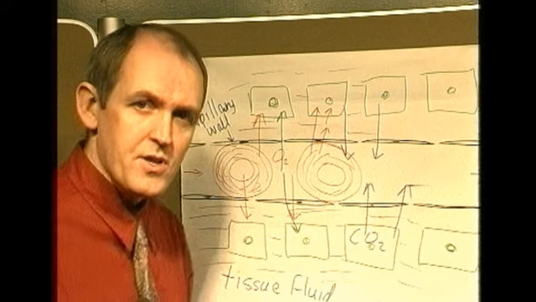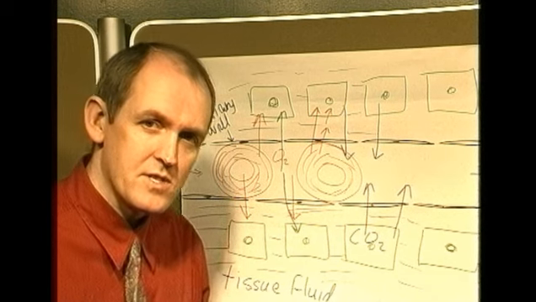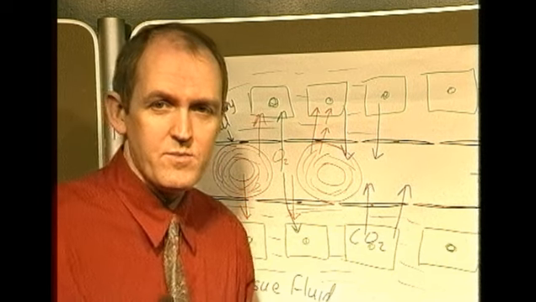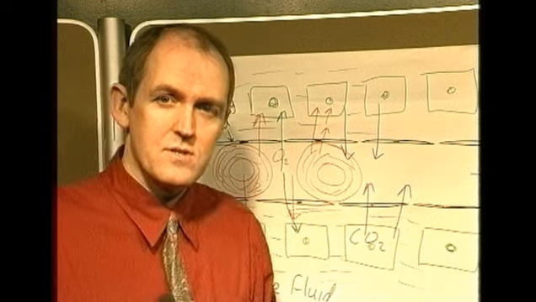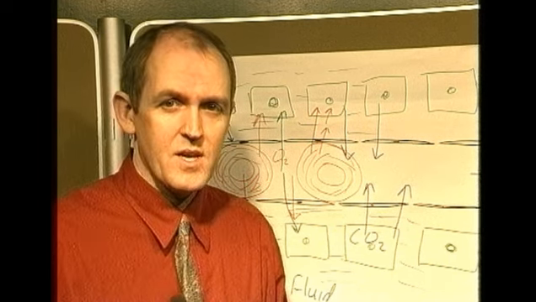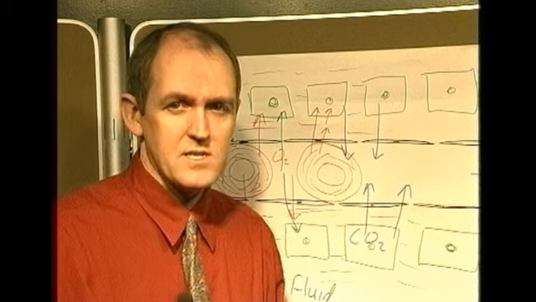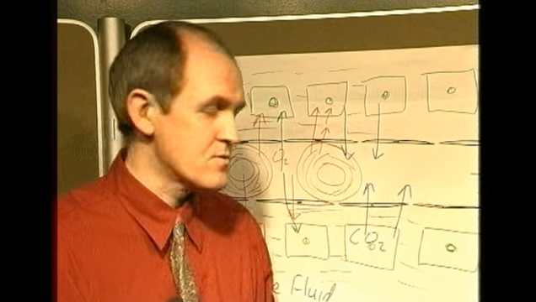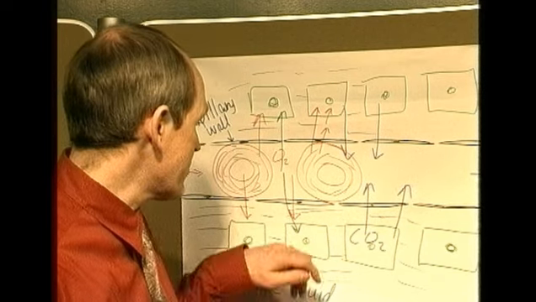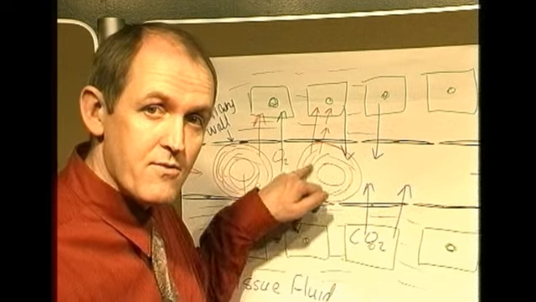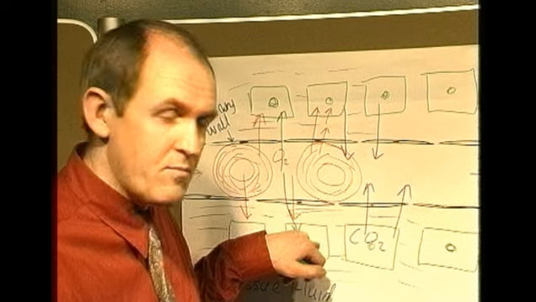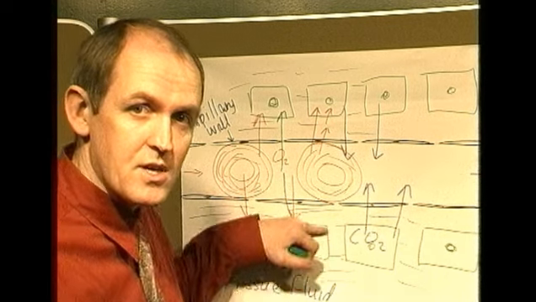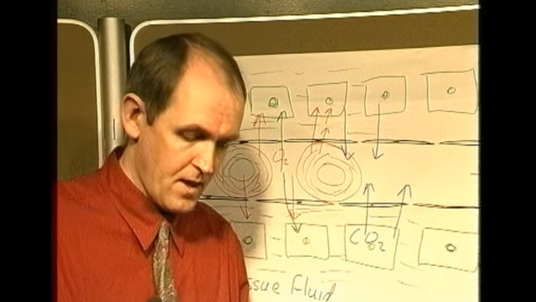And it's the same for other nutrients that the cells require. There'll be transfer of amino acids from the blood to the cells of the tissues. There'll be transfer of vitamins from the blood to the cells in the tissues. So the cells are also supplied with nutrients from the capillary blood, mostly by diffusion of these products across the capillary wall.